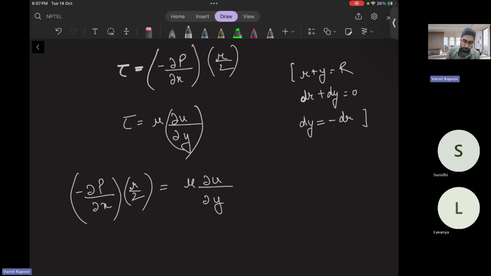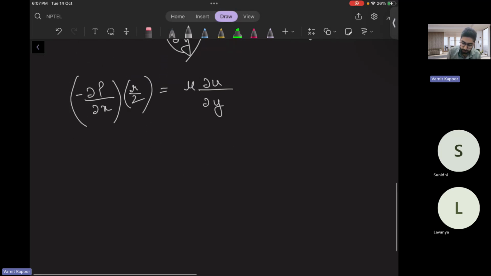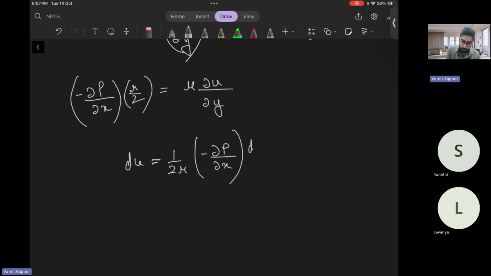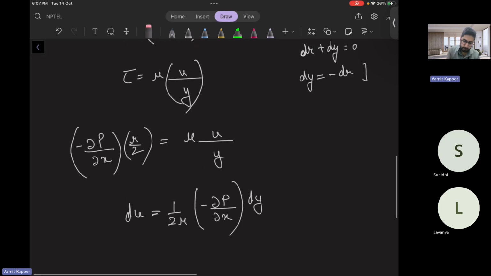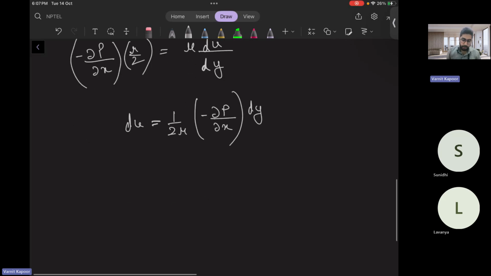So from here, what will be the velocity du, it will be 1 by 2 mu into minus dou p by dou x into dy. This is not a partial equation, it's a definite one. So from here we got the velocity du.